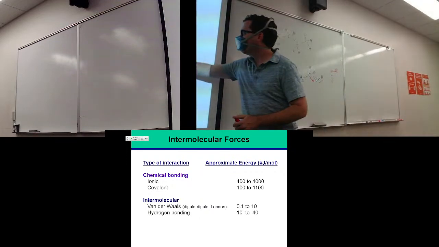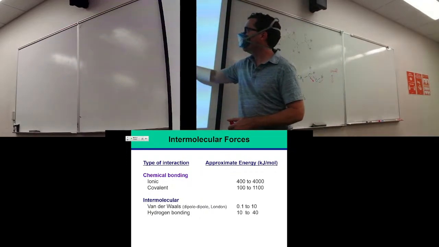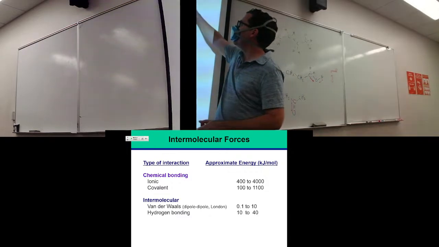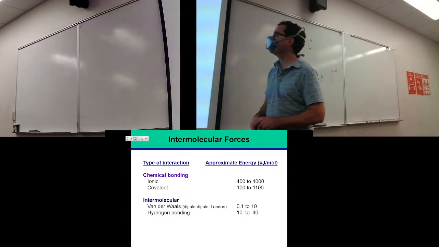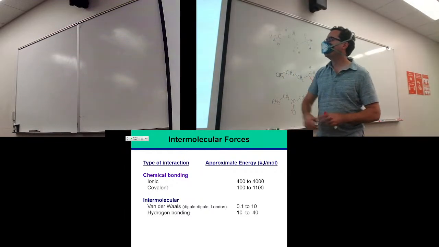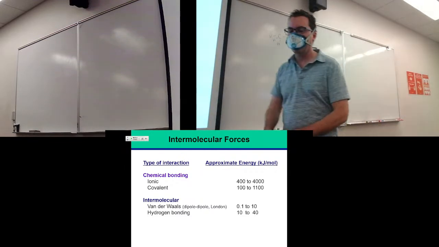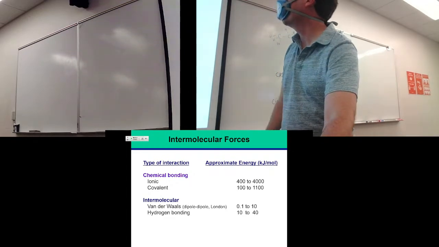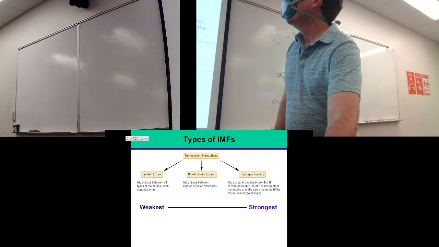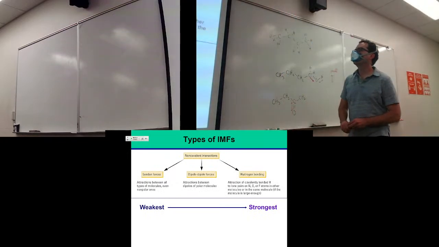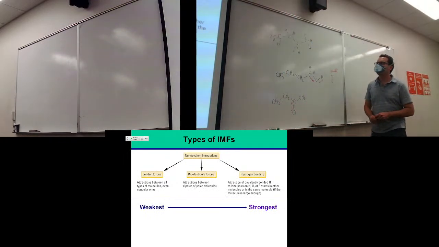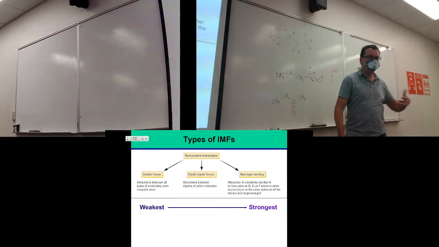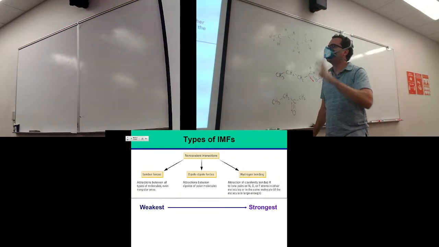But again, they're pretty low energy, so van der Waals are pretty weak. Hydrogen bonding is stronger, but still kind of weak compared to ionic and covalent bonding, okay? It ranges. It really depends on what compound you're looking at, but those are the general ranges. The three main intermolecular forces we're going to look at are these three. There are also ion-dipole forces and variations of these, but we'll get to them all.